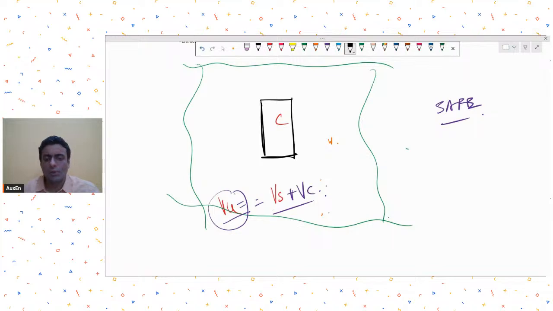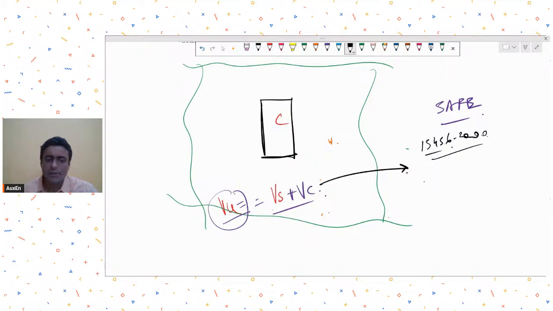Once you get this, you say that this will be taken by Vs plus Vc. Now there are certain rules for when you have to provide punching reinforcement and when you have to revise the slab thickness. Those rules are given in IS 456, I think section number 30, where flat slabs are covered. You can refer to those provisions. We have covered these things in detail in our flat slab design course.